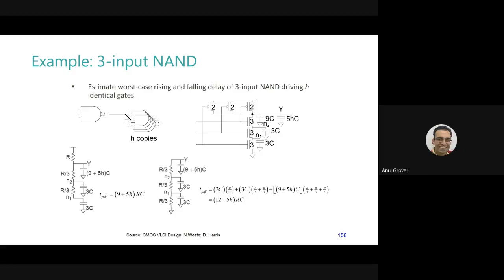Like we have here R by 3 and then R by 3, and the next NMOS is off. Yes, it's off. But we have 3C capacitance which is attached to ground, right? Yeah, this capacitance. So what I have a doubt is, will the current flow through that branch or not, sir?